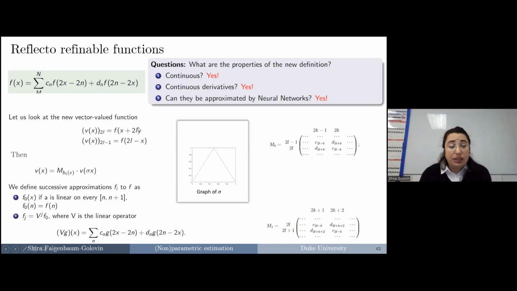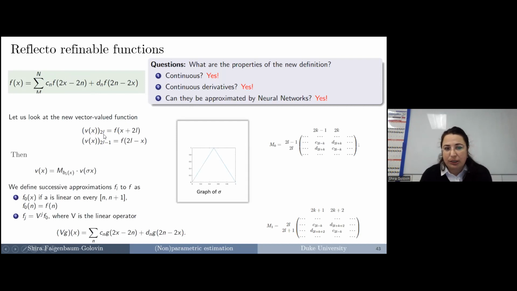The first thing that we needed to do is to rewrite this refinable equation in a matrix form, where we define the new vector valued function v of x in two locations.